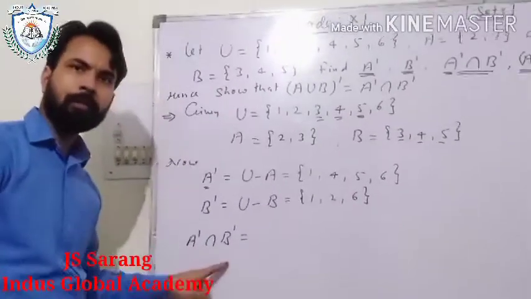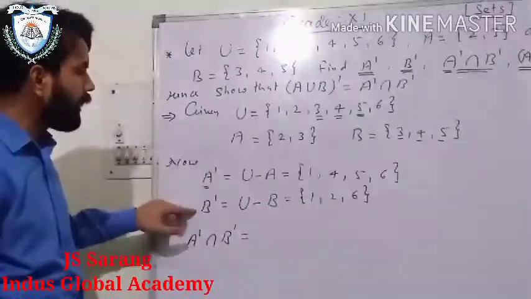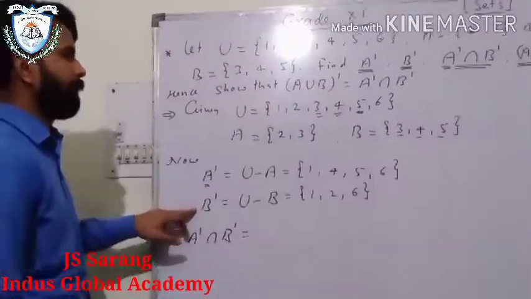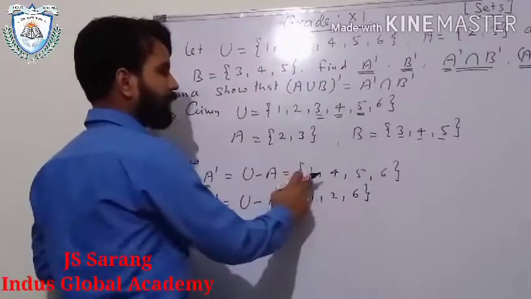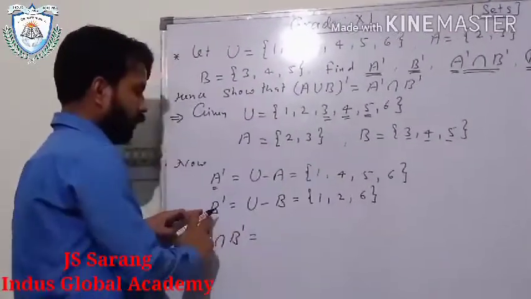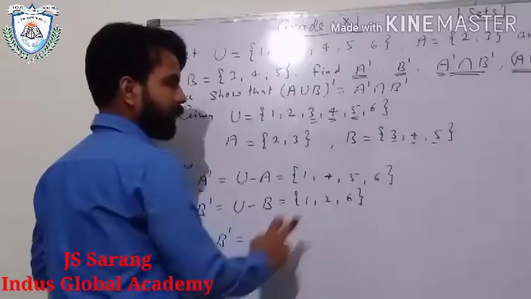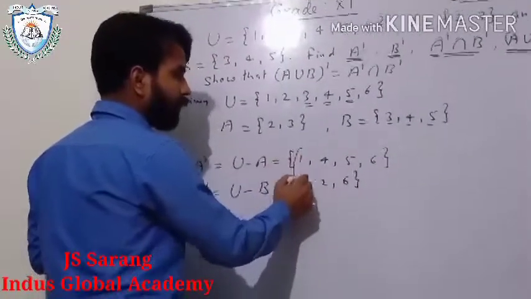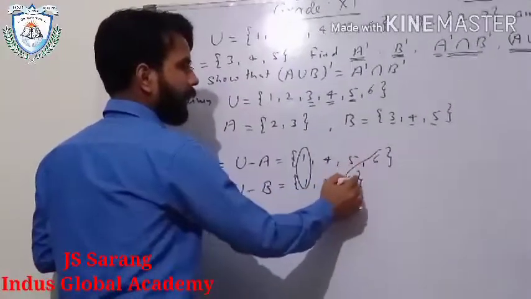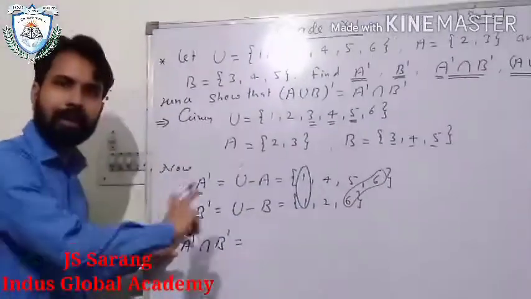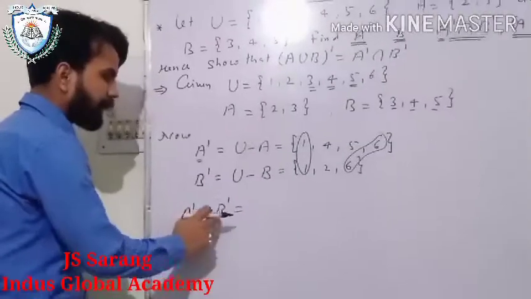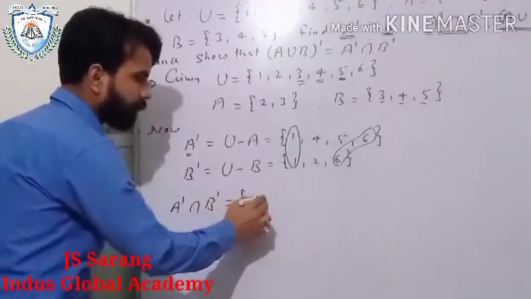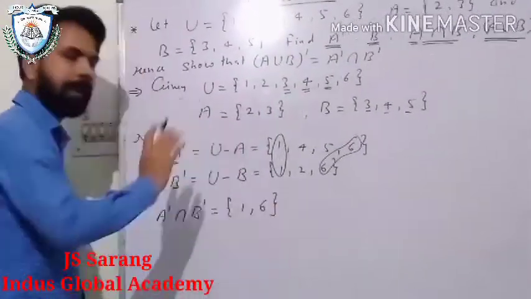So in A complement and in B complement, what is common? A complement elements are 1, 4, 5, 6. B complement is 1, 2, 6. So which elements are common in both the sets? 1 and 6 are common. So A complement intersection B complement will be {1, 6}.